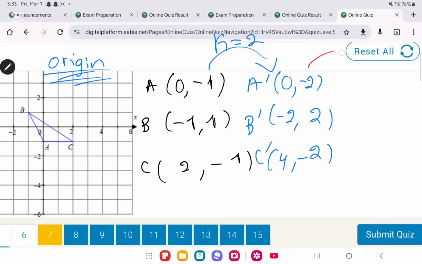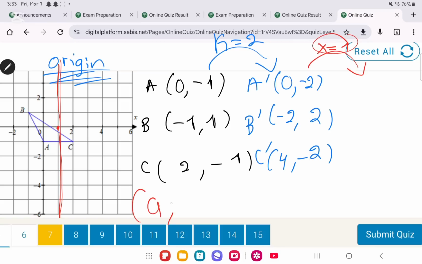Now the next thing that they said would be happening was a reflection at x is equal to 1. As we said before, x is equal to 1 is a point here, so it's gonna be a vertical line. And because it's x equals, what's gonna change, the x or the y? Definitely the x is gonna change and the y will stay the same.